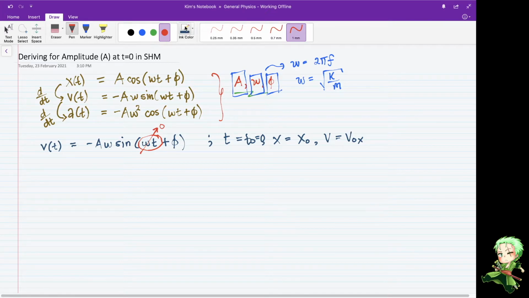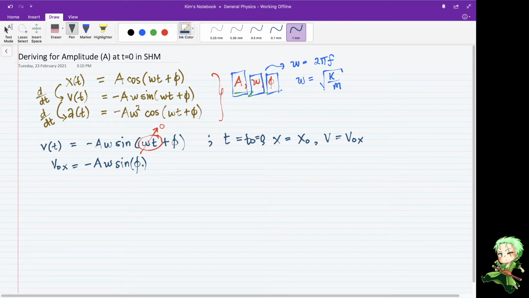That means what is left inside our sine would be phi alone, so we have negative A omega sine of phi. This is what remains since time t is 0, and our v here we substitute with v naught x.